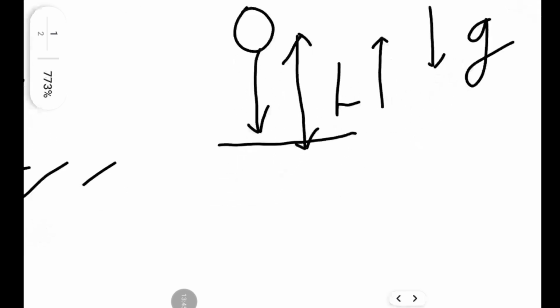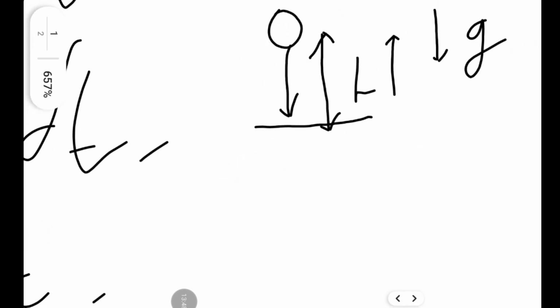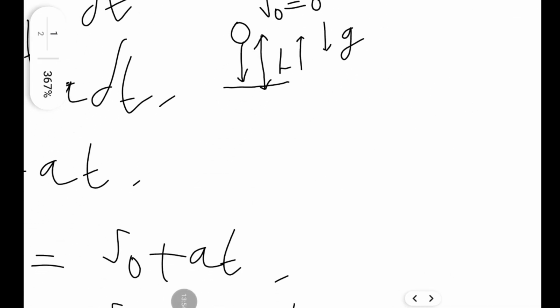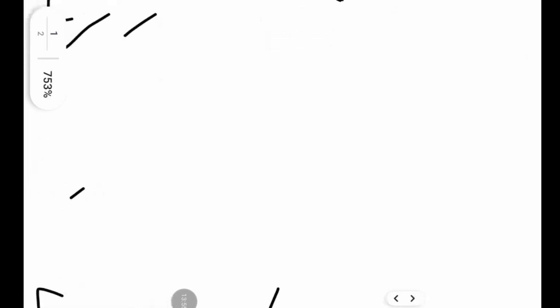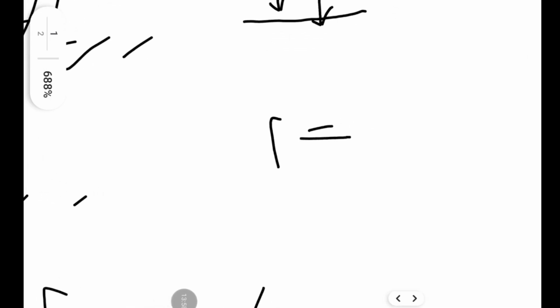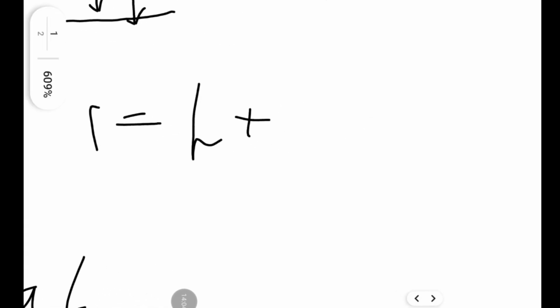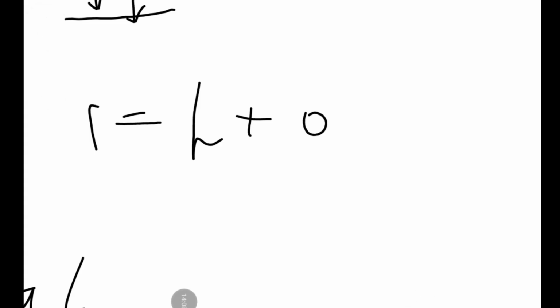If you resolve that way, then when you write out the equation, the initial velocity is going to be equal to 0. The current displacement is going to equal r0, which we know is h, plus v0 times time. If v0 is 0, then that cancels out the term, because 0 times time is just 0.